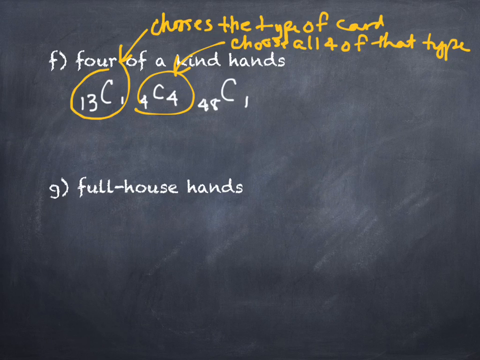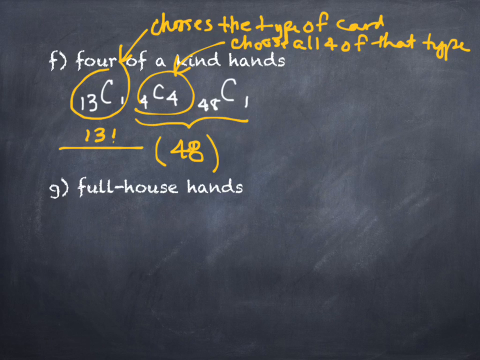Now, you already found out just a moment ago on the last slide that this right here was 48, right? So I contend I don't need to do that again for you because you know how to do that piece, yeah? That one was 48 from part E. How about 13C1? What would that look like? Yeah, I'm going to write it out just for the sake of having done so. 13 factorial over 1 factorial, 12 factorial.